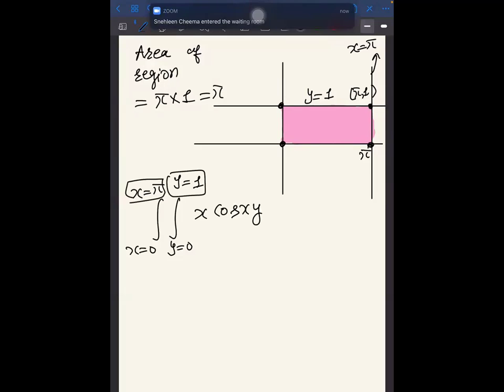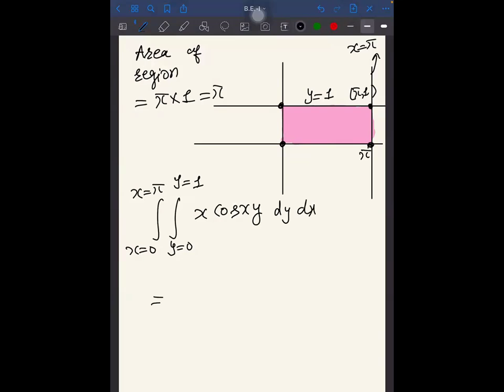You can first calculate the x limit and then the y limit. Doesn't matter. So anyway, dy dx. Let's say with respect to y, of course what it becomes is sine xy upon the derivative of xy, and that's x.